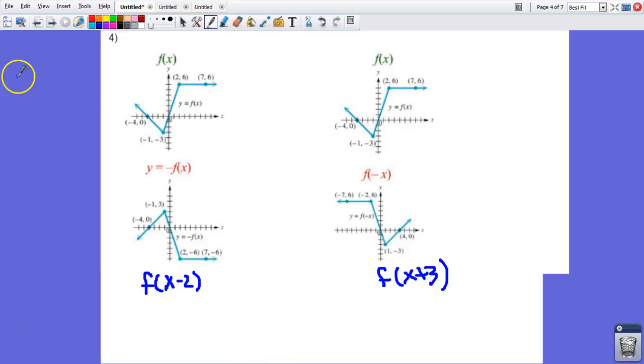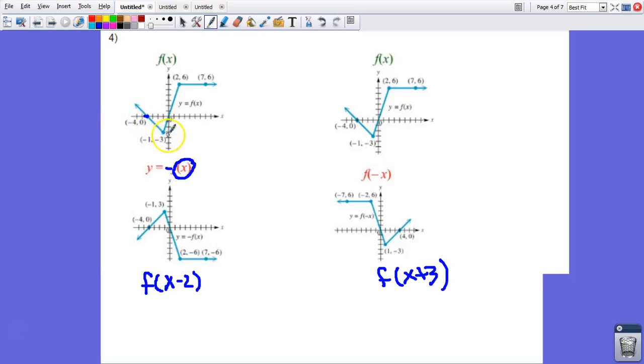Okay, so in this one, this is saying my f of x, which is my output, right? Sorry about that, is negative. So my output is my y, and we're making every y negative, but my x stays the same. So here's a point here, which is negative 4, 0. Well, that one stays the same because 0 can't become negative.